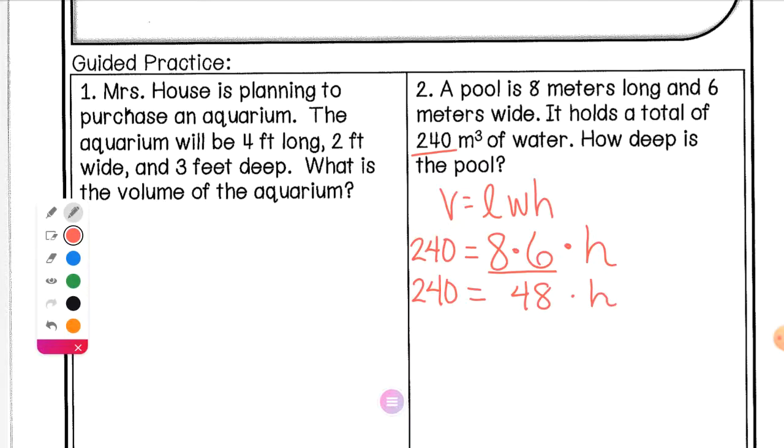If I am missing one of my multipliers, what can I do? Yeah, I can do 240 divided by 48. And this is a harder one. Divided by 48. This one, it's going to be a single digit number. So guess and check will probably be your best way to figure it out.